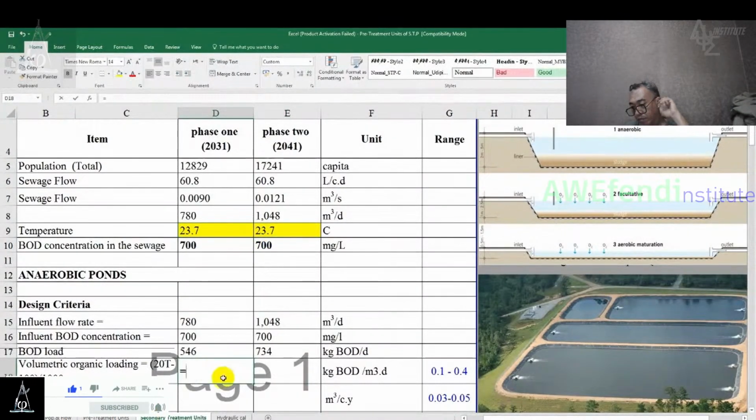So we can write the equation here, 20 times temperature from the cell minus 100 over 1000. It gives 0.37 kilogram BOD per cubic meter per day.